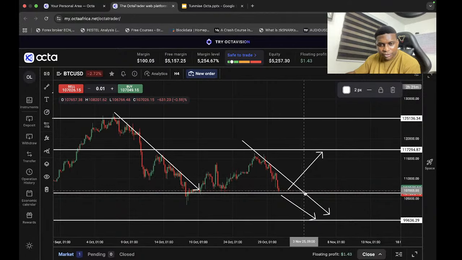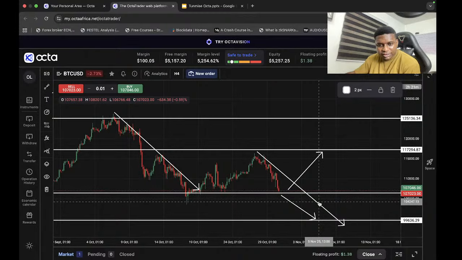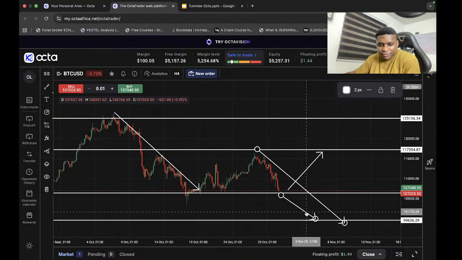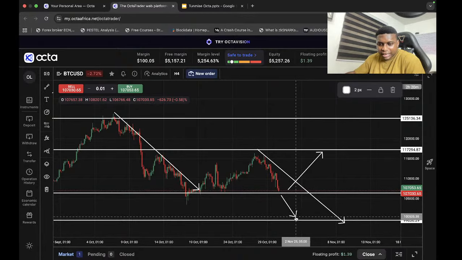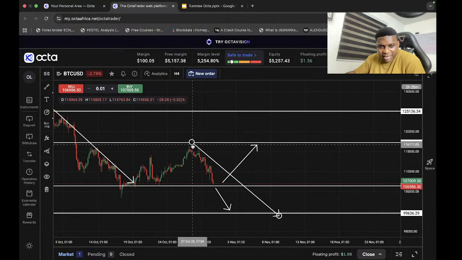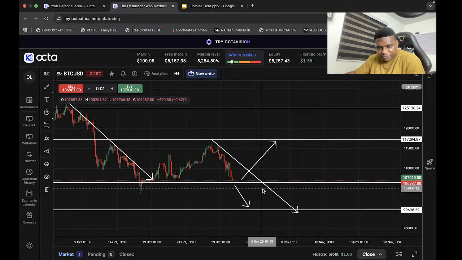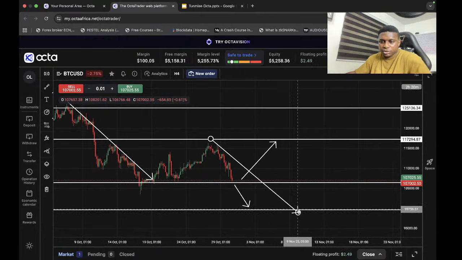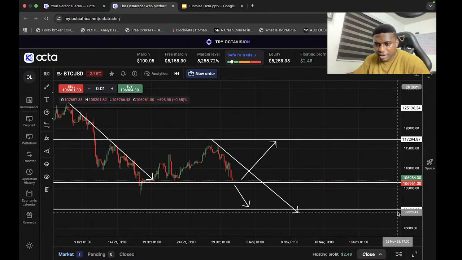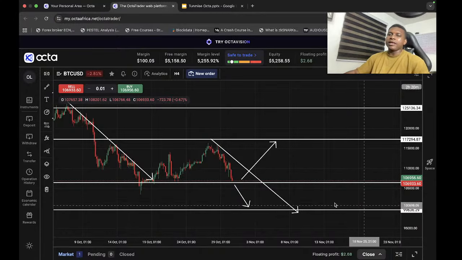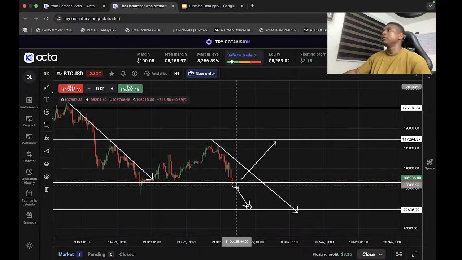Okay, so we now have something like this. Now this is telling us very clearly that if price goes like this, then price can break down further and touch the 100k mark. If a breakout happens here, the 100k mark is inevitable.